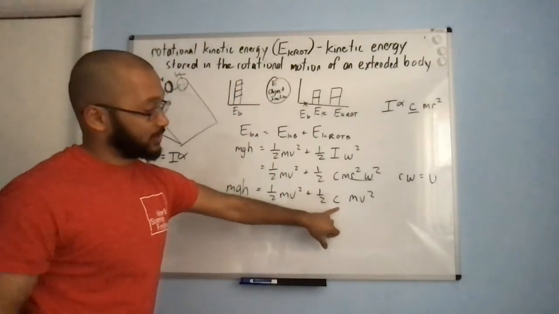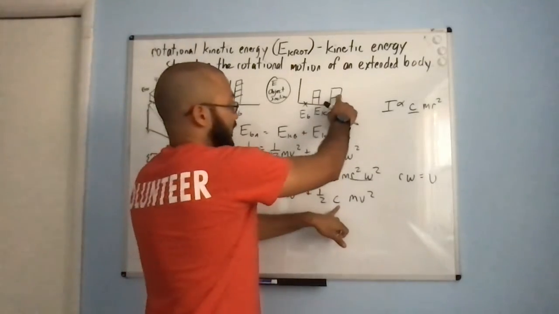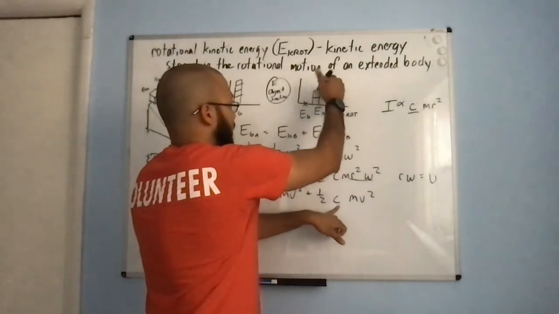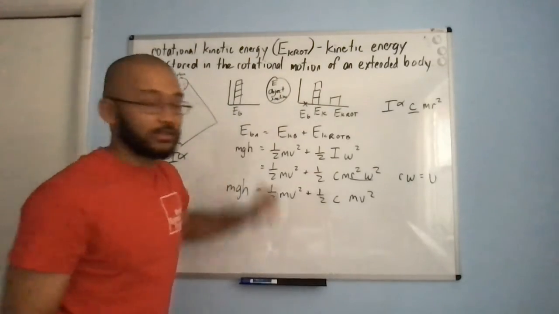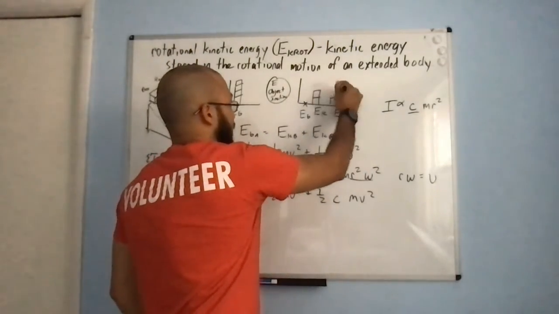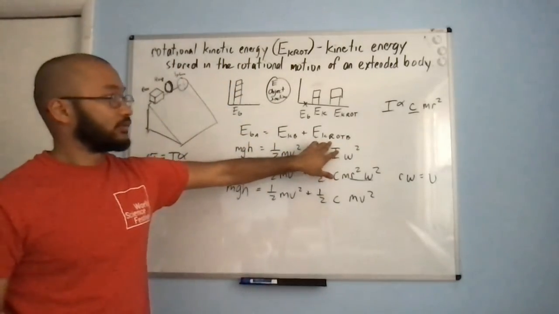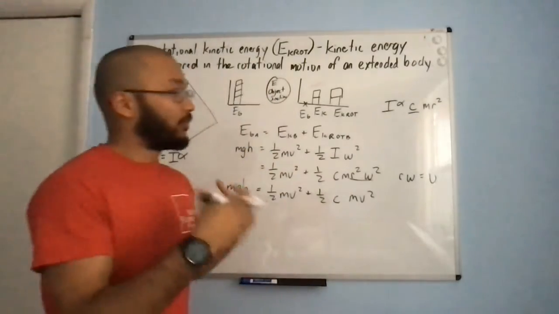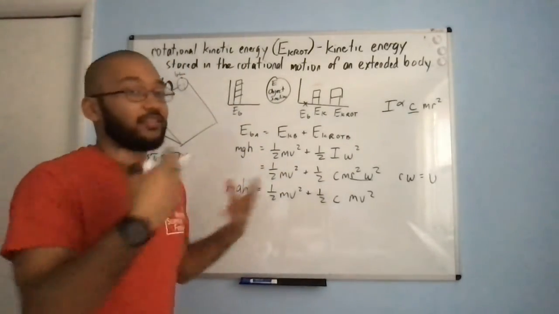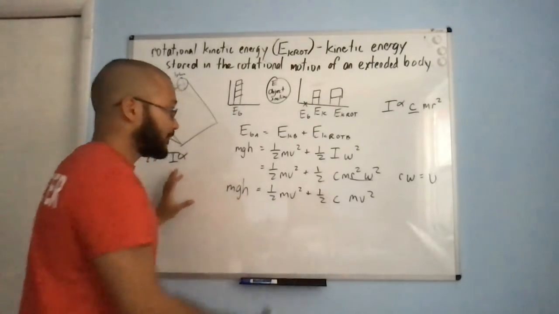What I'm trying to suggest is the smaller and smaller this coefficient is, the less and less energy is stored in rotation, and the more energy is stored in the linear motion of the object. But the larger and larger the coefficient for the rotational inertia, the more energy is stored in just getting the object to rotate. So that's what's going on here.